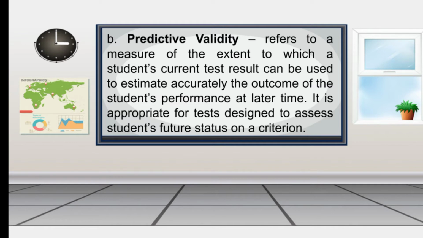Next is the predictive validity, which refers to a measure of the extent to which a student's current test result can be used to estimate accurately the outcome of the student's performance at a later time. It is appropriate for tests designed to assess a student's future status in a criterion.